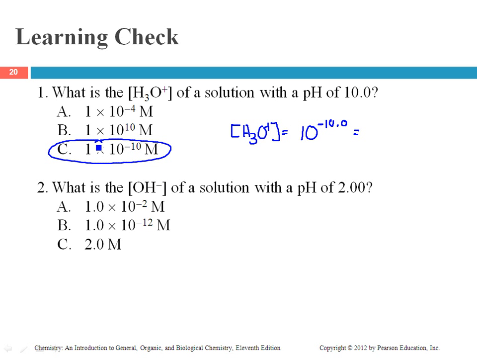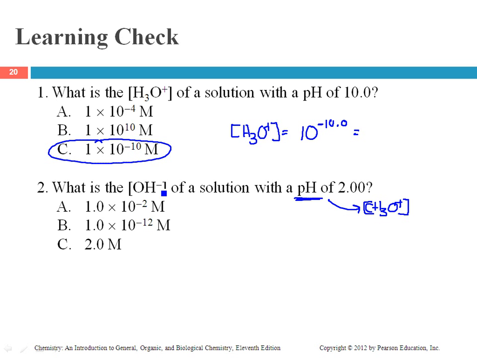Now we're asked for the hydroxide concentration. We've got to think about what to do here. Remember, pH goes along with the hydronium concentration, which is what we've been looking at so far.